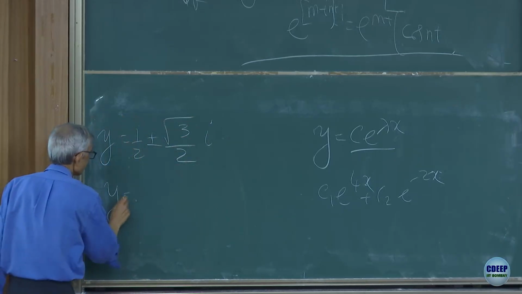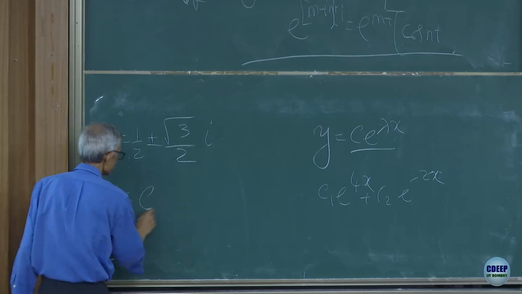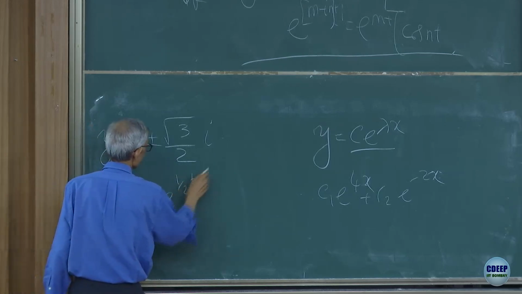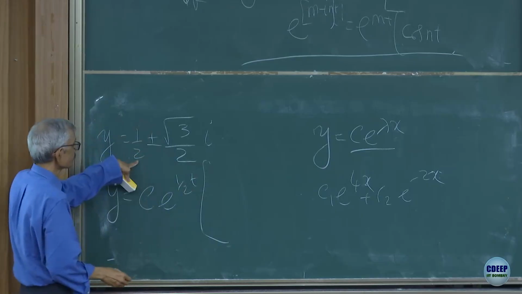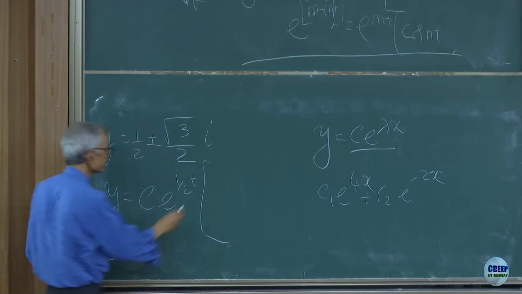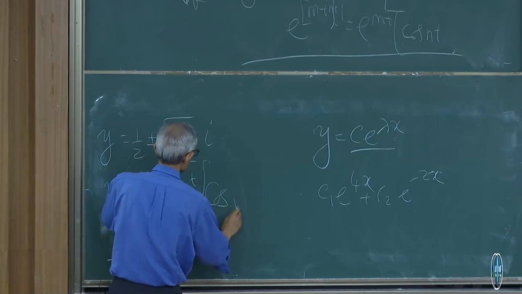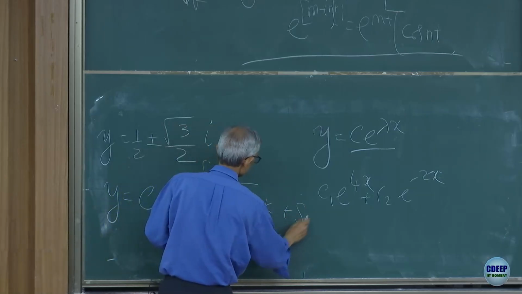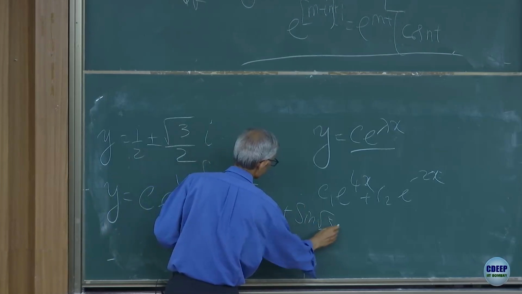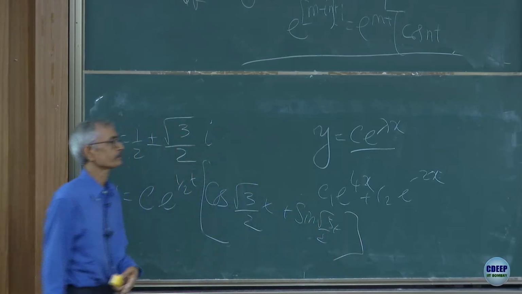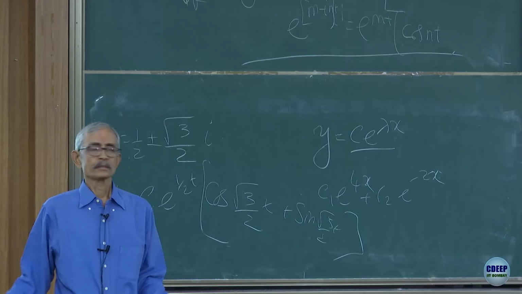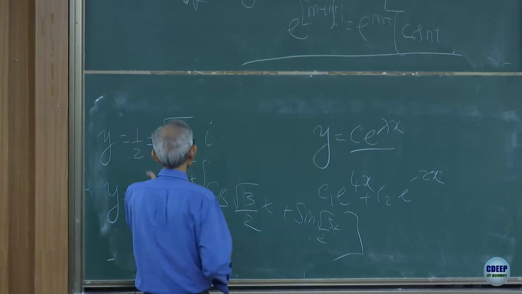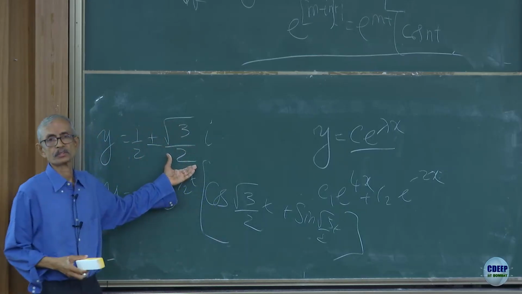So the final solution that I would have is c e to the power of 1/2 t, remember, we said this was m plus in, and then cos root 3 by 2 t plus sine root 3 by 2 t. Okay.